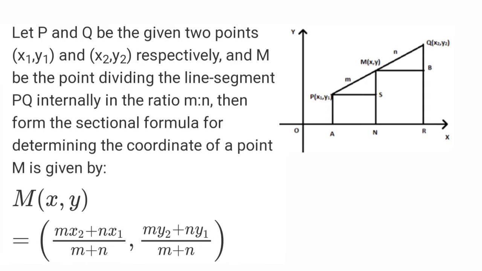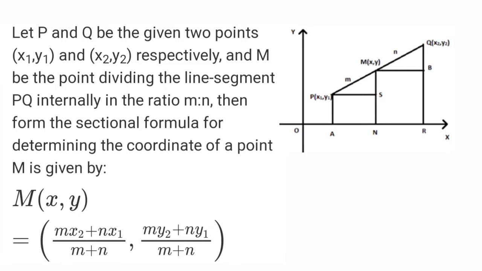It means students, here you can compare the coordinates. The coordinate of x is equal to (mx2 plus nx1) by (m plus n), and the coordinate of y is (my2 plus ny1) by (m plus n).